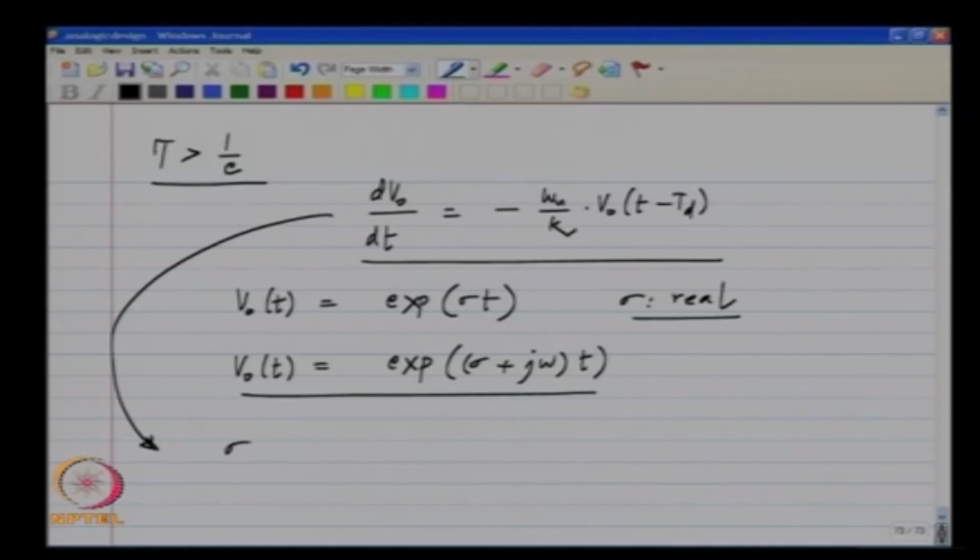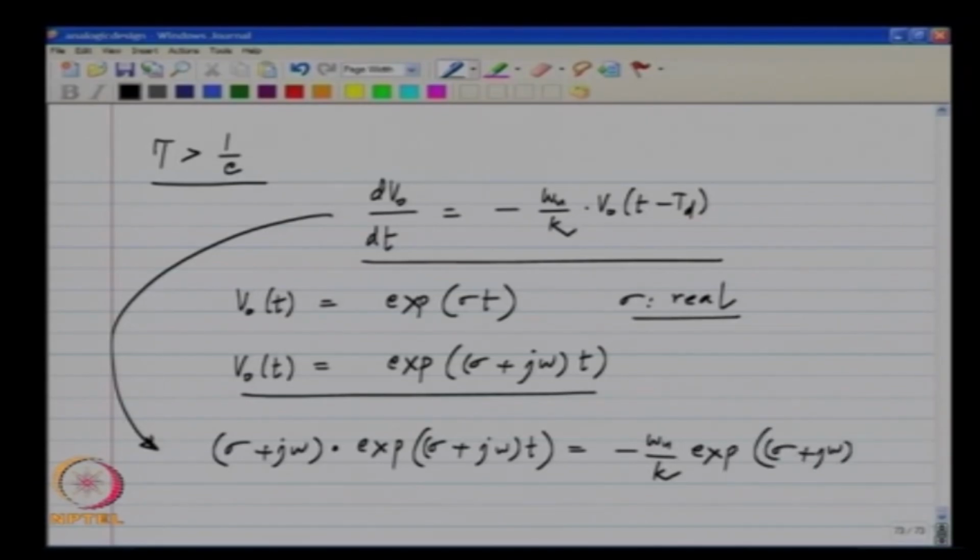dV naught by dt will be sigma plus j omega times exponential sigma plus j omega times t, and that is equal to minus omega u by k times V naught of t minus t d, which gives rise to a product of two exponentials, one of which is simply exponential of sigma plus j omega times t, and the other one is exponential of minus sigma plus j omega times t d. Okay.